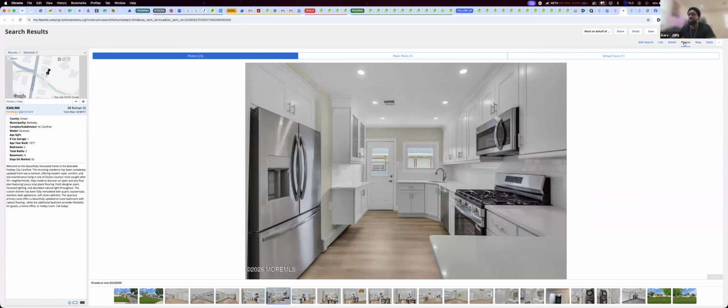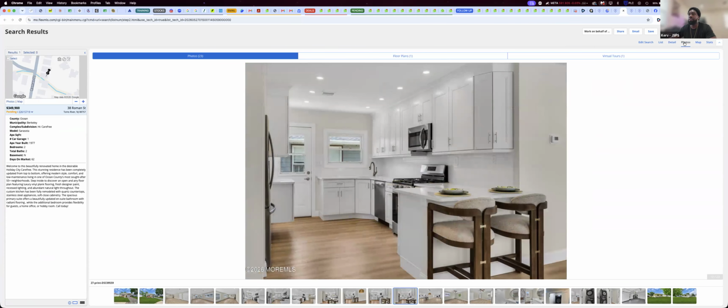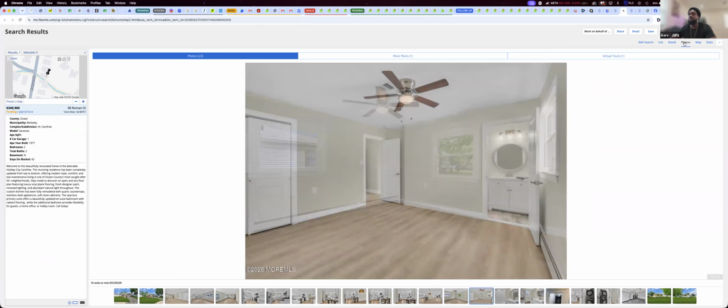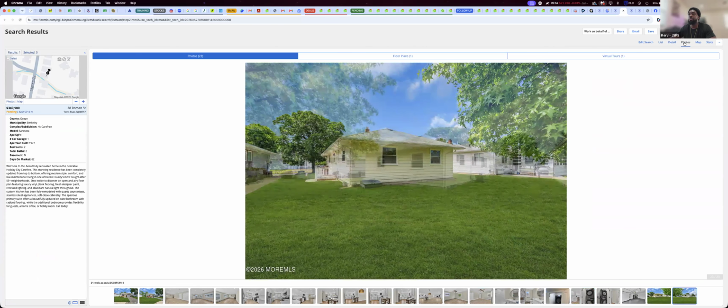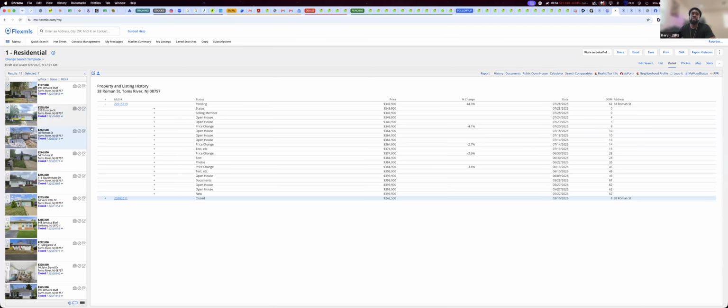Very clean. Looks like they got a floating cabinet. Very clean house, and they're trying to get 349.9. It looks like it's been on the market 2 months. So this is another good comp to add.